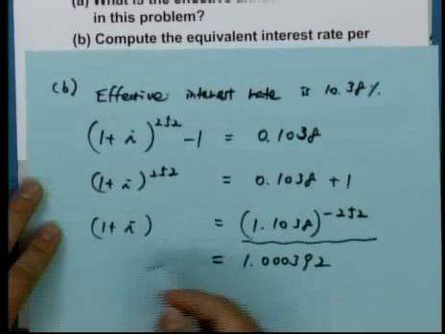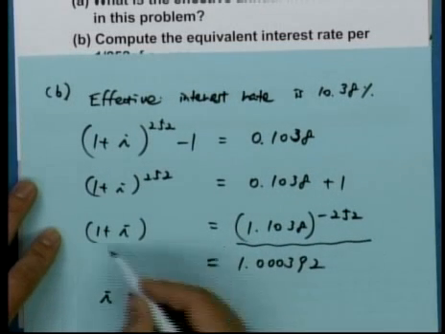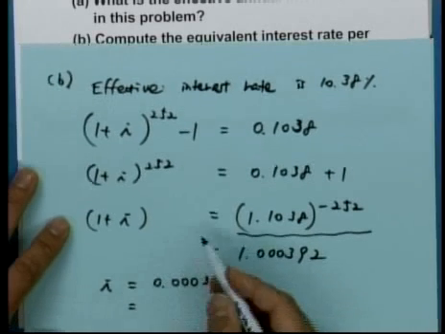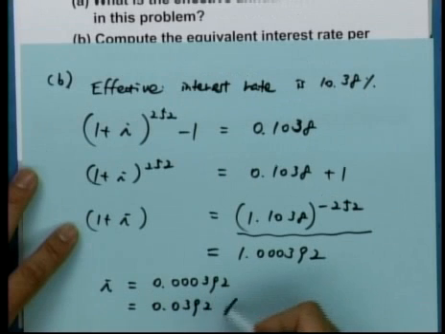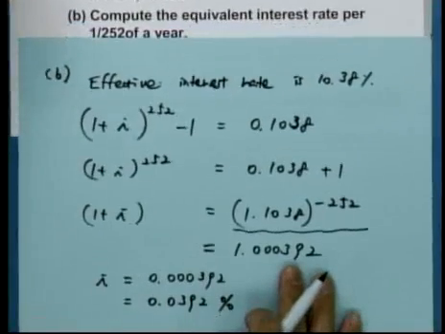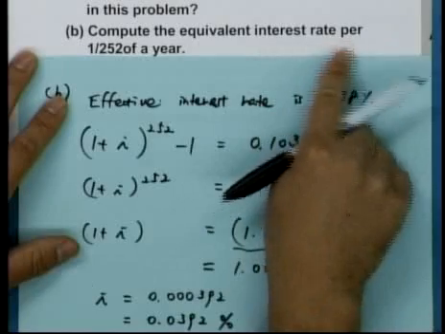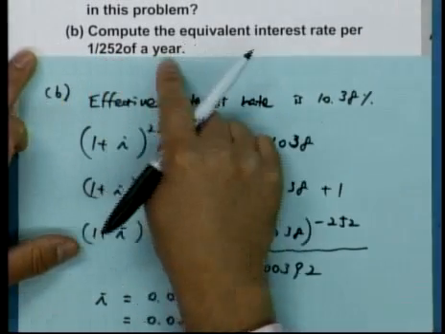So I would be this minus 1, which is 0.000392, which is 0.0392%. Okay? This is the equivalent interest rate per 1 over 252 of a year.